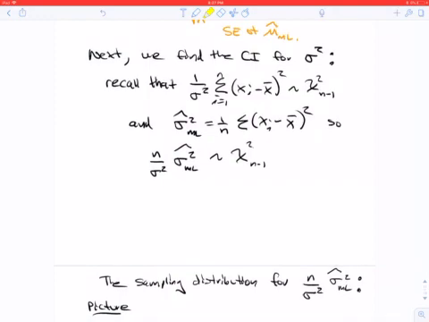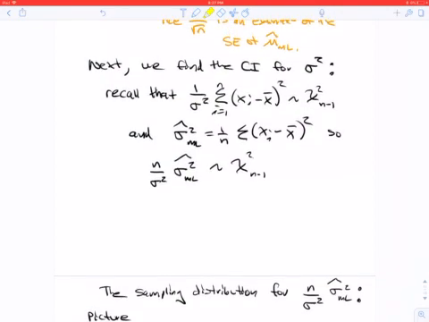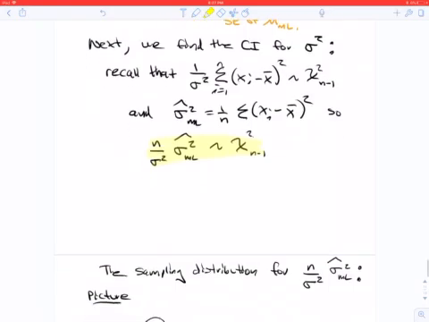Next, we're going to find the confidence interval for sigma squared, and note that n over sigma squared times the MLE estimator for sigma squared is chi-squared with n minus 1 degrees of freedom.